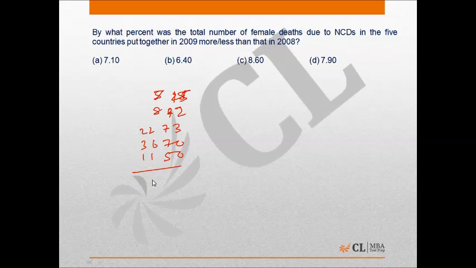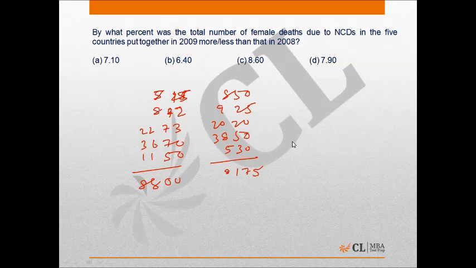It comes out to be 8800, and the same in year 2009 is 850 plus 925 plus 2020 plus 3850 plus 530, which comes out to be 8175.